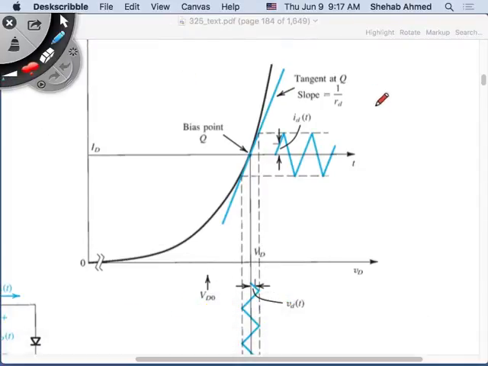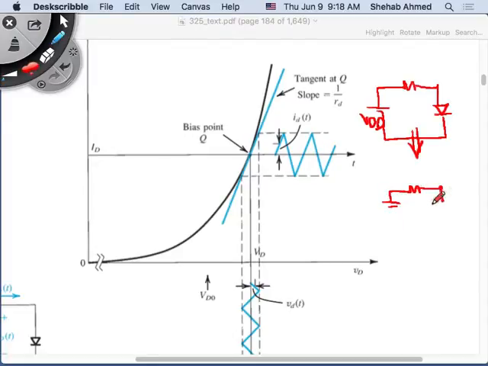So we had this equivalent circuit. We started with 0.7, but let me just keep it VD.